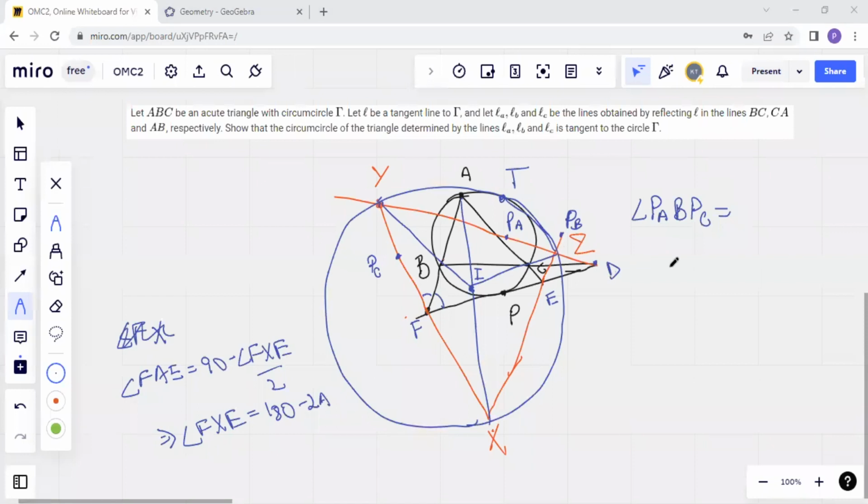So the angles X, Y, and Z are quite nice. What is angle PA, PB, PC?